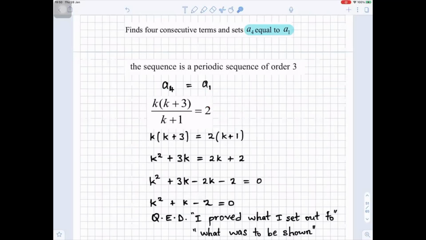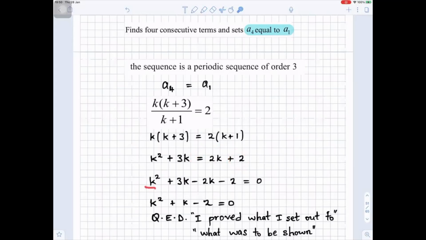You want to solve it for k. Then cross multiply, 2 times (k plus 1). So remove the bracket: k times k is k squared and k times 3 is 3k. Remove the bracket: 2 times k is 2k and 2 times 1 is 2. Take plus 2k to the left and take plus 2 to the left.